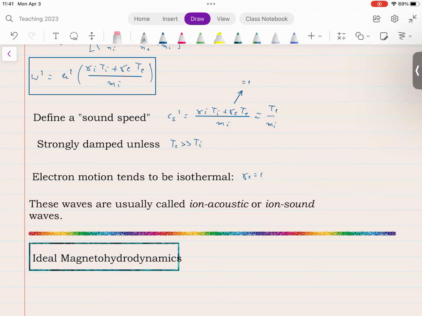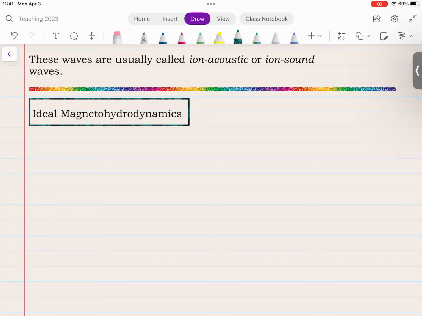There are textbooks that just deal with ideal magnetohydrodynamics, and probably need a couple of courses to go over them.